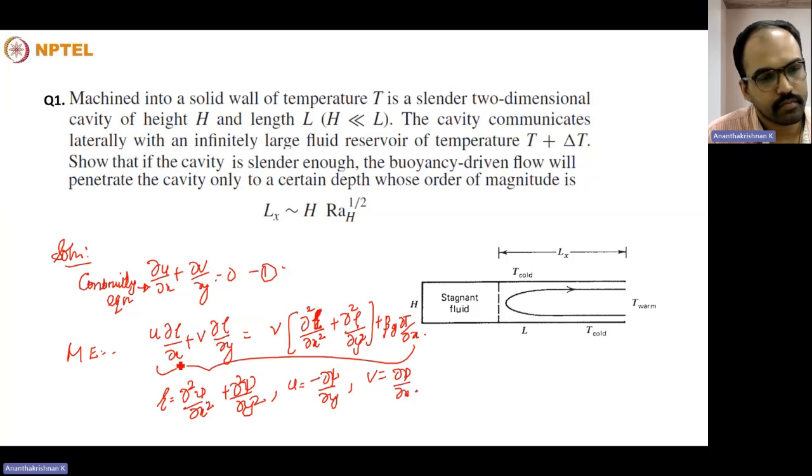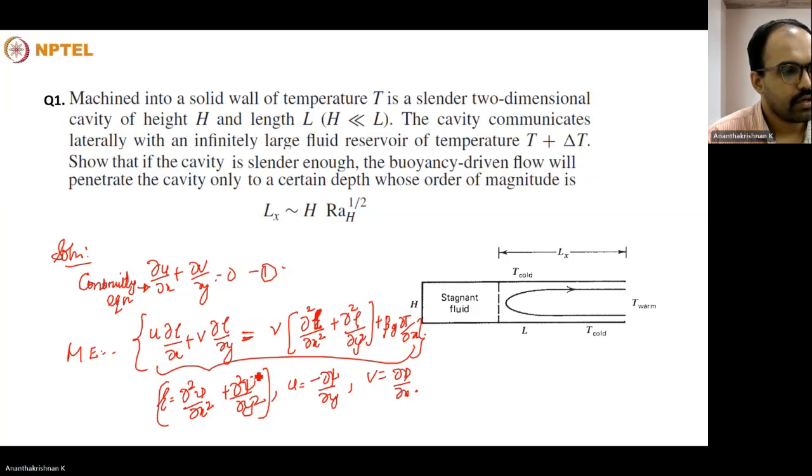This is a combined form of the momentum equation wherein we eliminate the term of pressure. So we combine both the x and y momentum equations, and we use this function to represent the derivatives of u and v combined together.